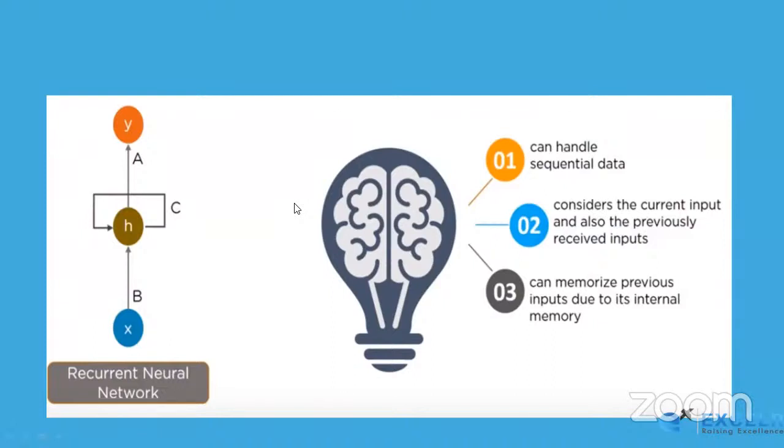Even when we did the PIMA Indian diabetes data set, we had 8 columns of data, and with those 8 columns we did the classification. The classification said either 0 or 1. It doesn't require any previous state inputs, correct? That's the essence of a normal feed forward neural network.